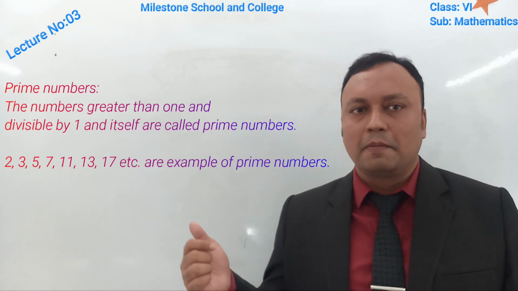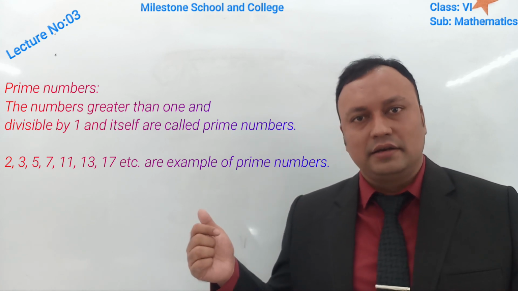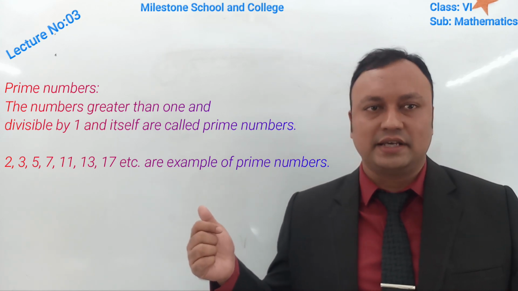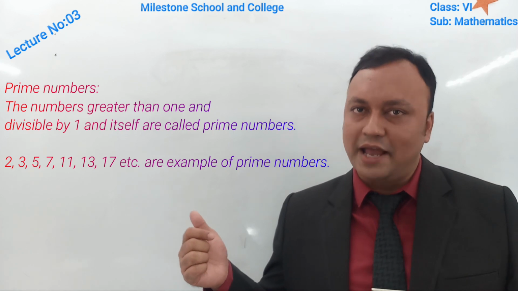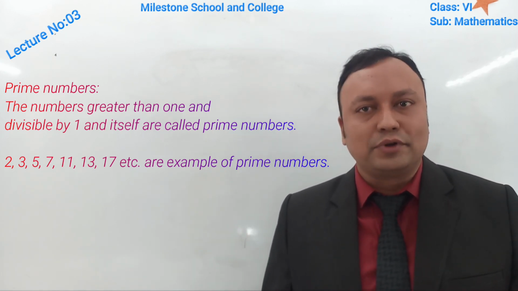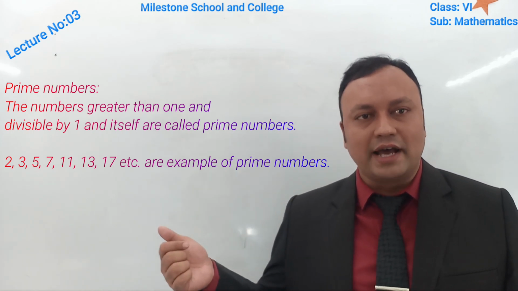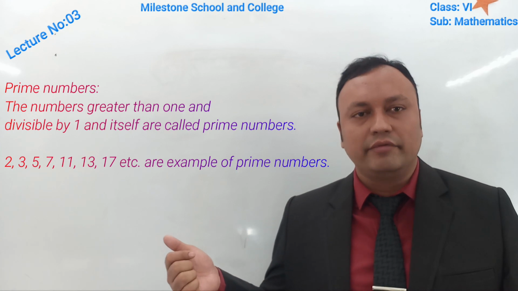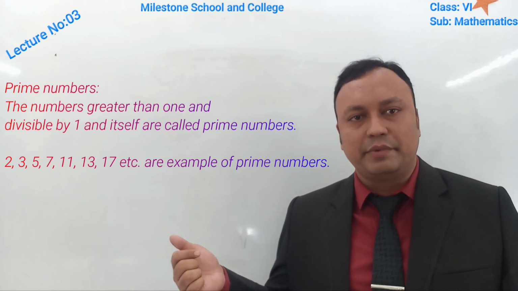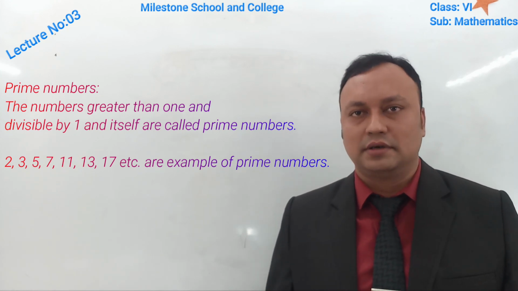Again I am telling, the numbers greater than 1 and divisible by 1 and itself are called prime numbers. You can see some examples, my dear: 2, 3, 5, 7, 11, 13, 17, etc. are examples of prime numbers.